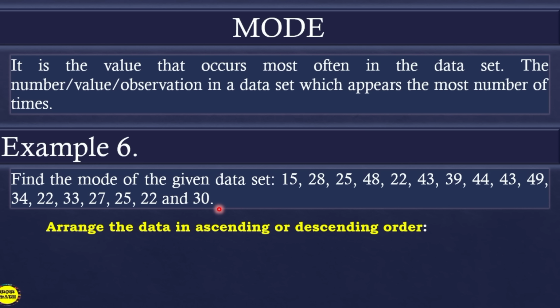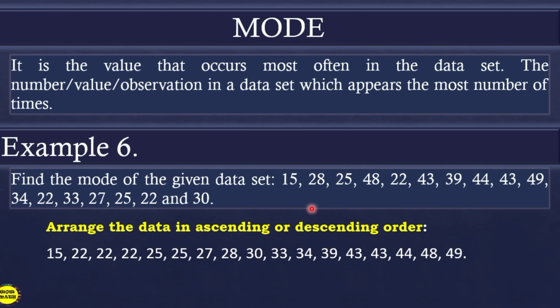So, una, i-arrange nyo muna para mas madali natin makita at ma-identify natin kung anong score, based dito sa problem, anong score dyan ang pinakamarami. Okay? So, i-arrange natin. So, dito, makikita nyo na meron tayong tatlong 22, dalawang 25, dalawang 43. So, ano yung pinakamarami dyan?